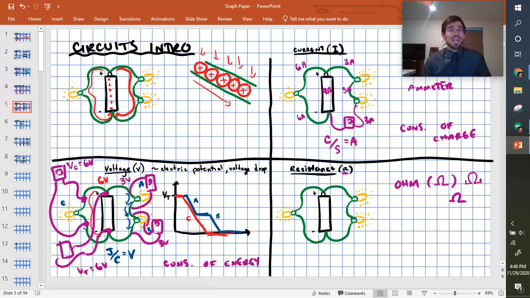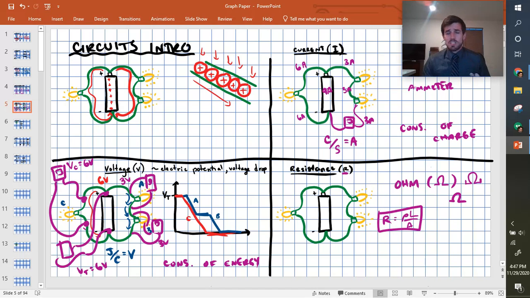So we can have all kinds of different resistors going on in our circuits. If you're trying to find the specific resistance of a wire or resistor or something, there is an equation if you know all of the variables for the resistor. If you know its resistivity, its length, and cross-sectional area, you can find the resistance directly.